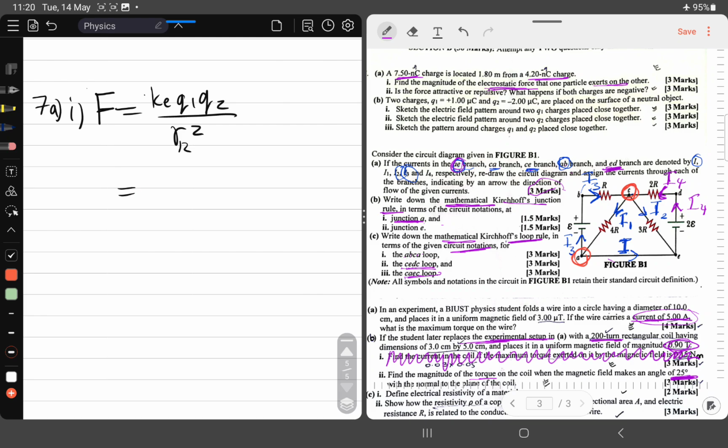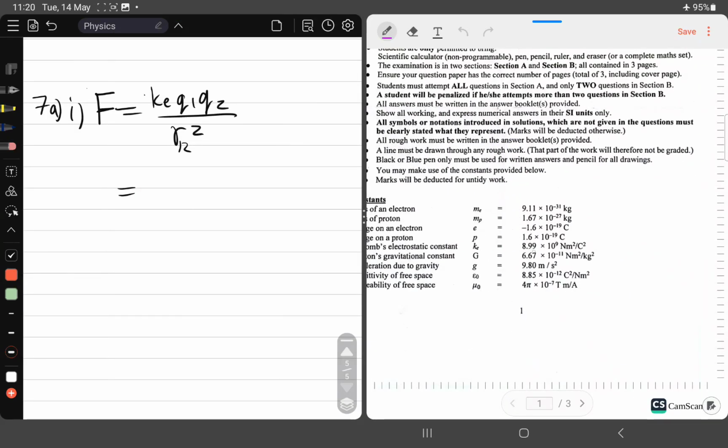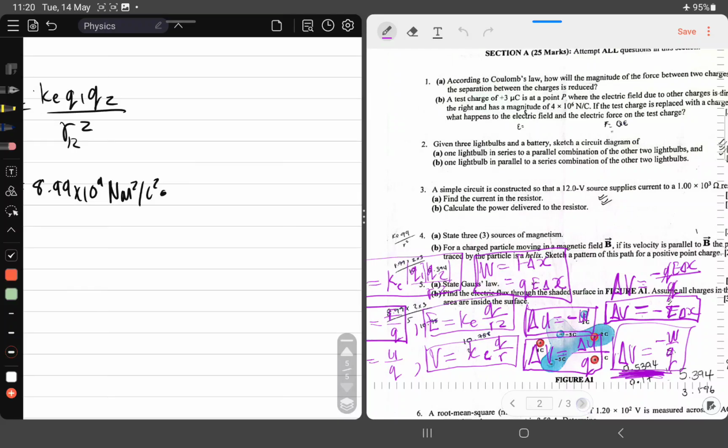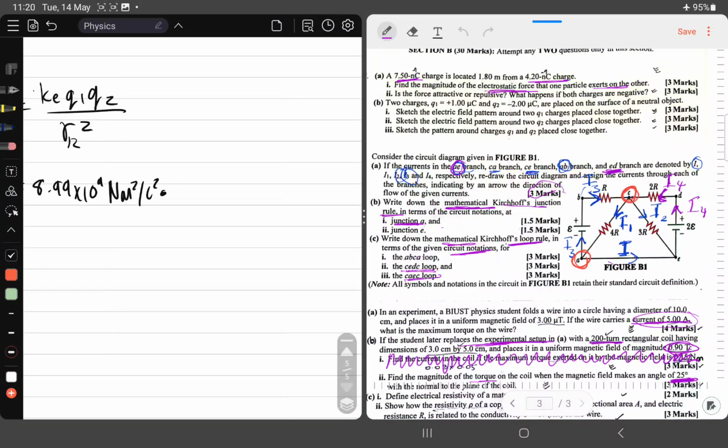What is our KE? It's a constant. You can get it from the front of the paper, which says KE is 8.99 times 10 to the 9 Newton meter squared per Coulomb squared. This is all times Q1, which is 7.50 nanocoulombs, so 7.50 times 10 to the negative 9 coulombs.